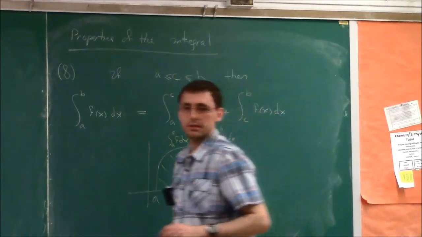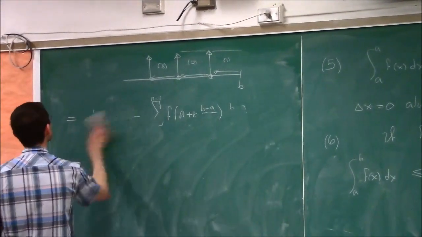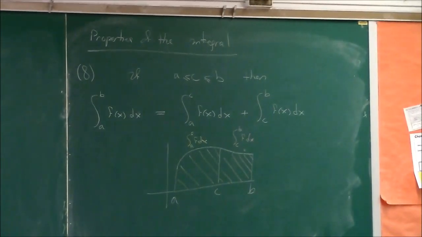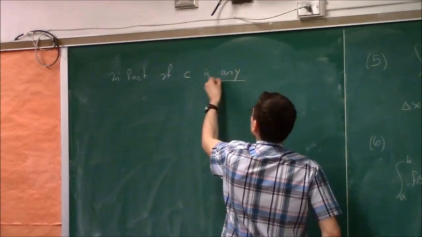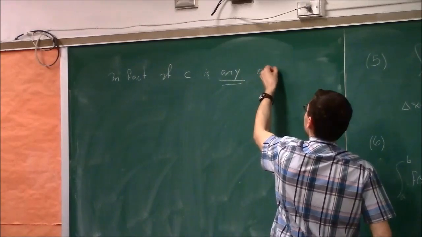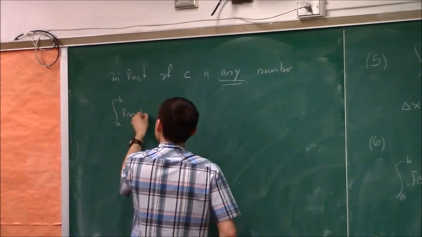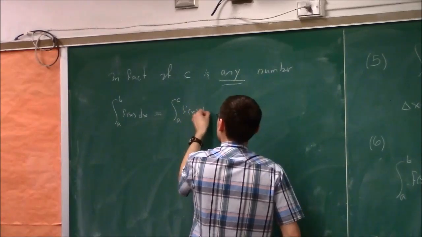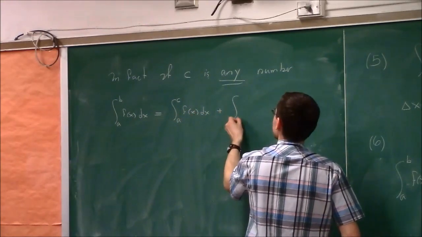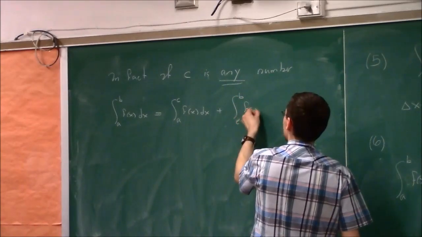So I said C has to be between A and B. That's redundant. In fact, without appealing to area, you should say, if C is any number, the integral from A to B of f of x dx will be the integral from A to C of f of x dx plus the integral from C to B of f of x dx.